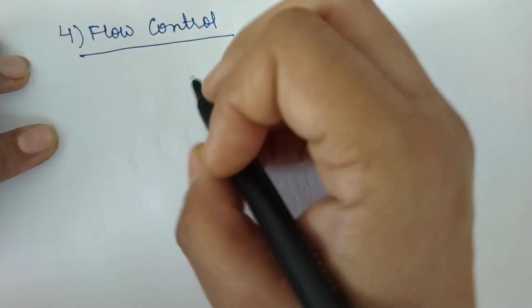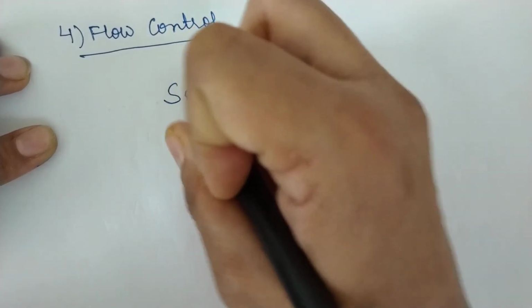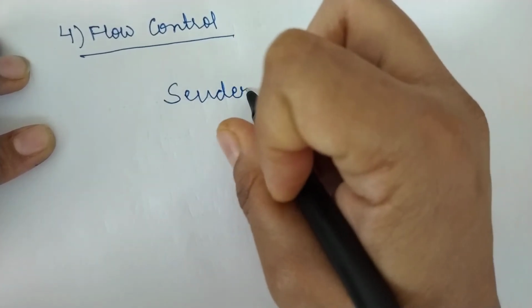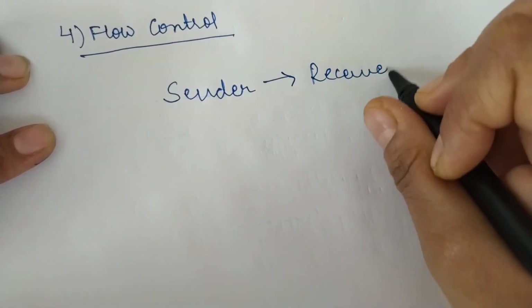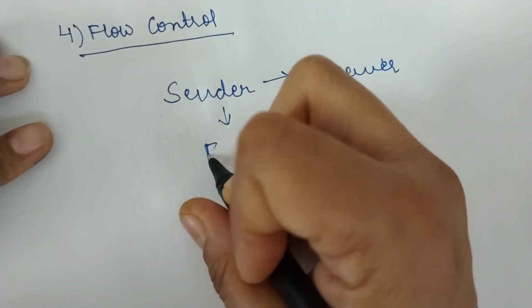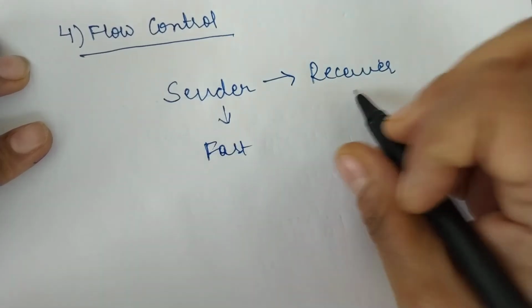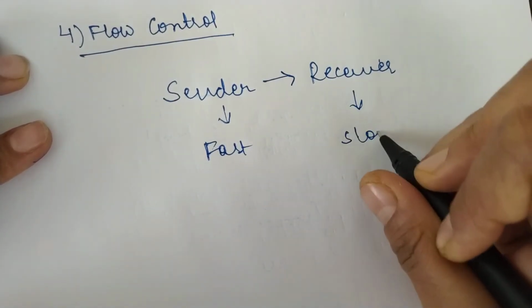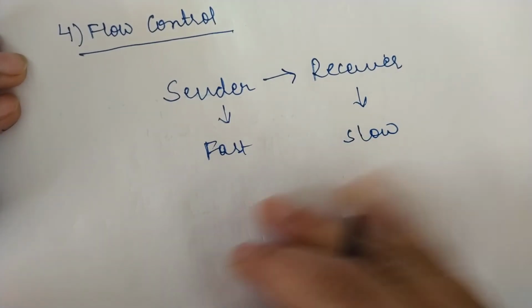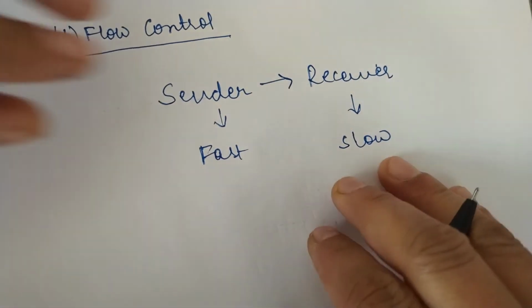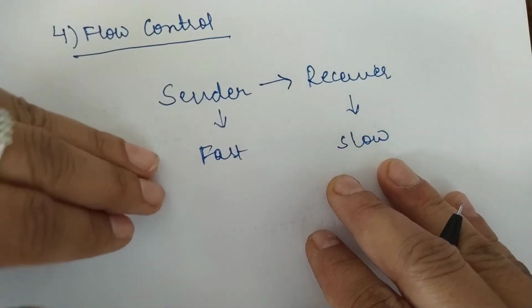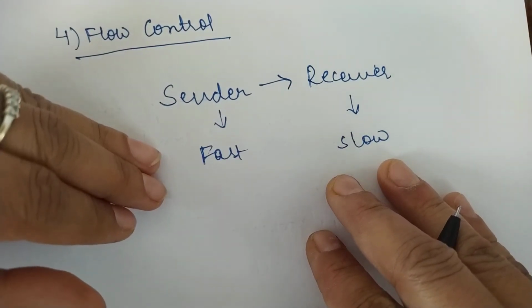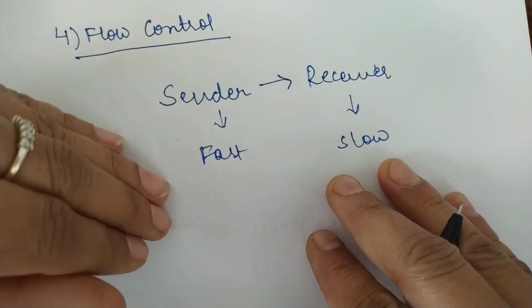Now there is a possibility when there is a sender and a receiver, the sender is fast but the receiver is slow, right? Say, take an example where there is a teacher and a student. Now the speed at which the teacher explains is very fast and the speed at which a student can actually understand it is very slow.